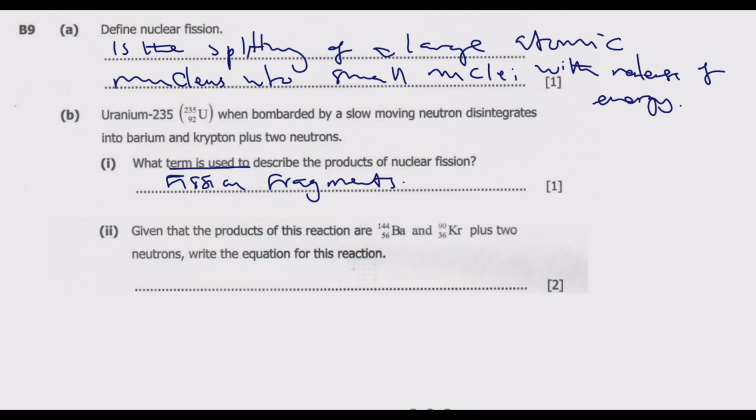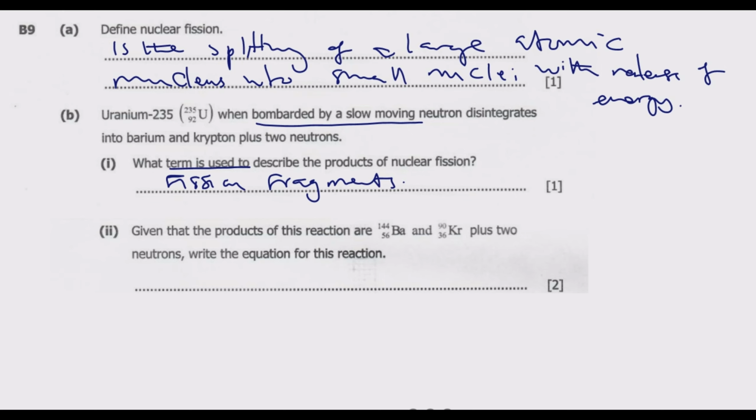Roman numeral 2 of B, given that the products of this reaction are barium with mass number 144 and atomic number 56, and krypton with mass number 90 and atomic number 36, plus 2 neutrons. Write the equation for this reaction. What we are told is that we are bombarding uranium with a moving neutron.